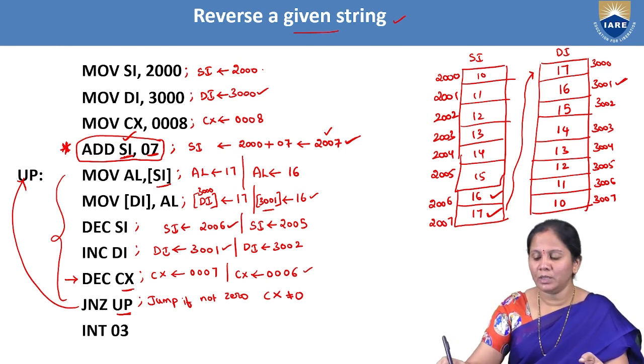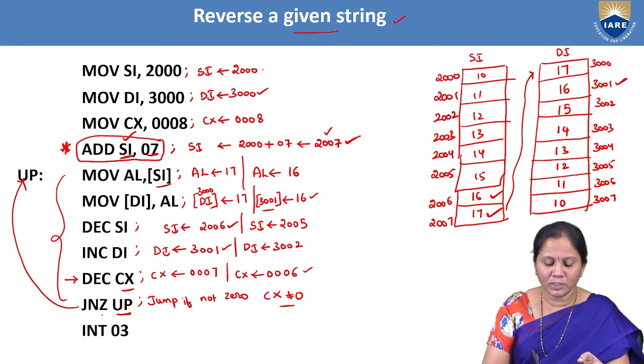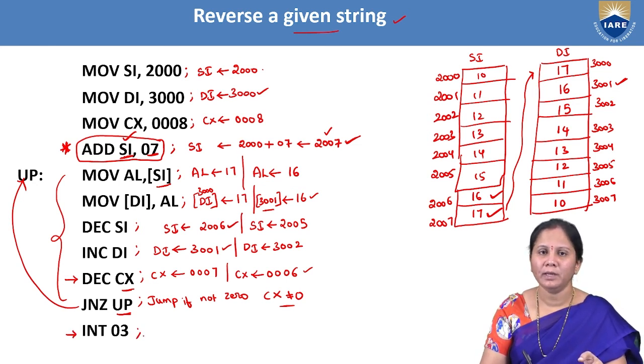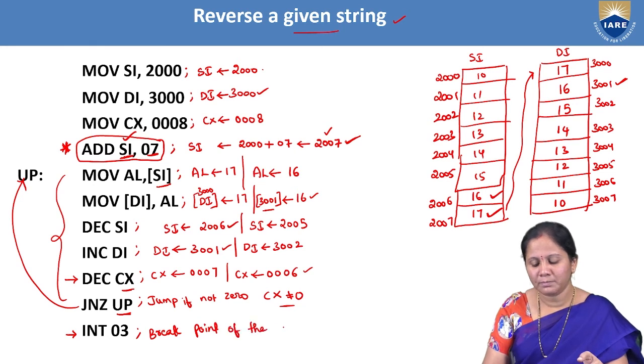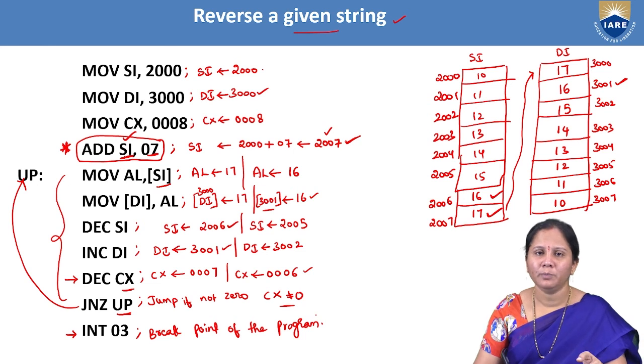Once all the contents have been copied from SI to DI in the reverse order, the value of the counter becomes 0. If the counter is not 0 only, it goes to the label up. Once the counter becomes 0, the next instruction, INT 03, will be executed. This instruction represents the breakpoint of the program, that is the end of the program.